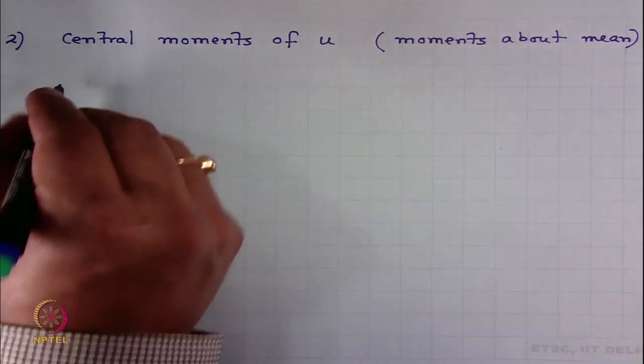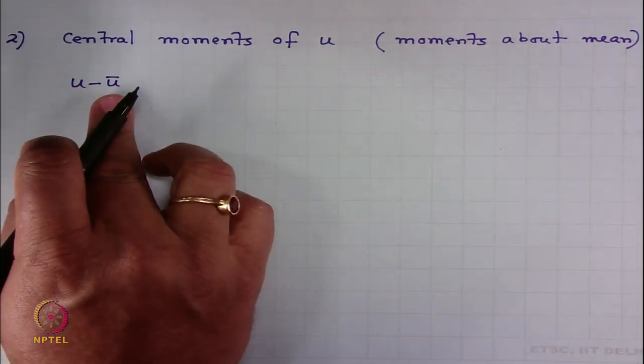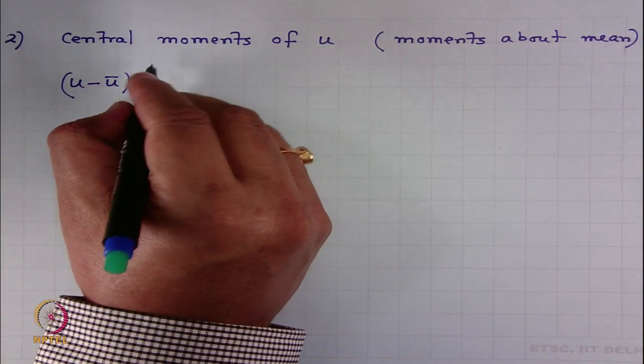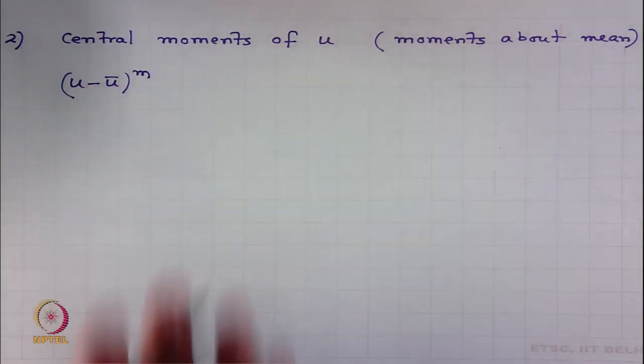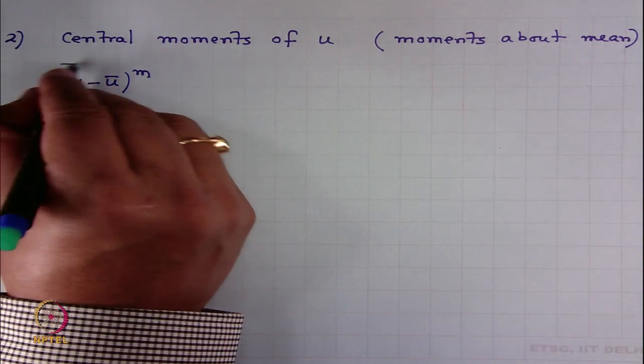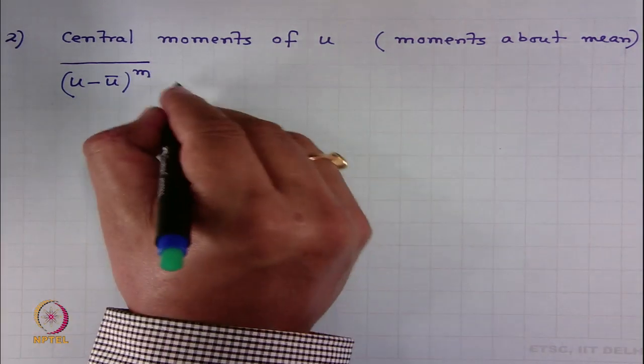Say, for example, u minus u bar to the power m, where u bar is the mean of u, and the mean of that, what is that?